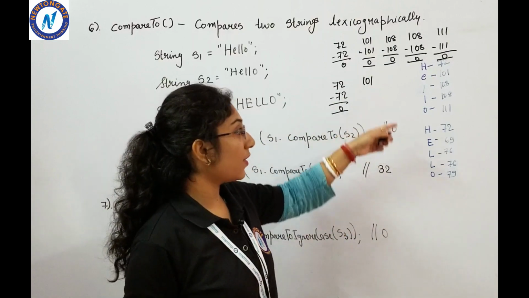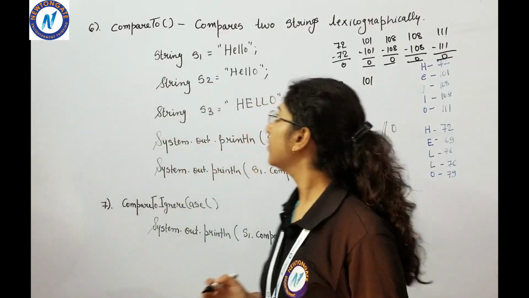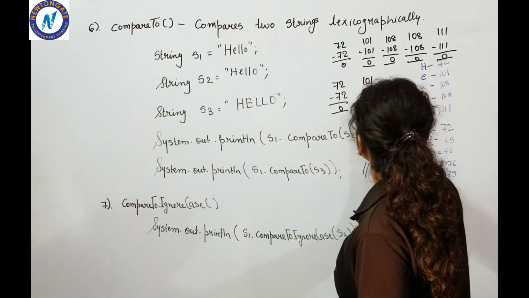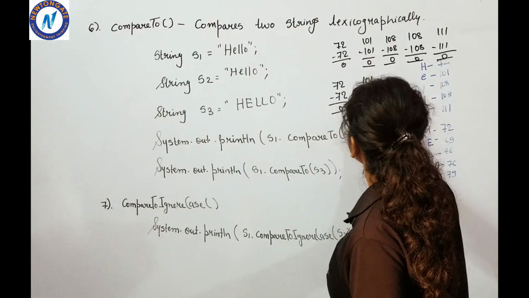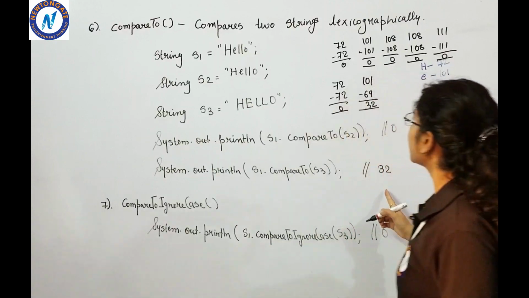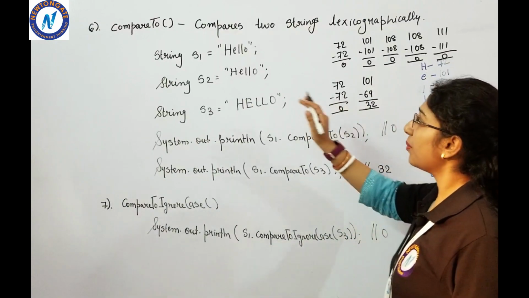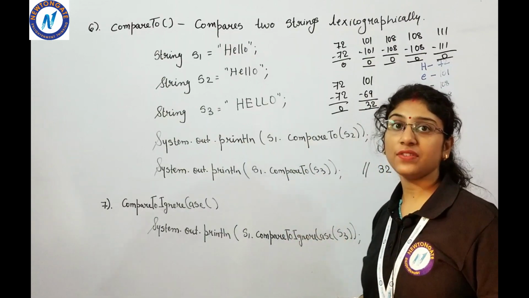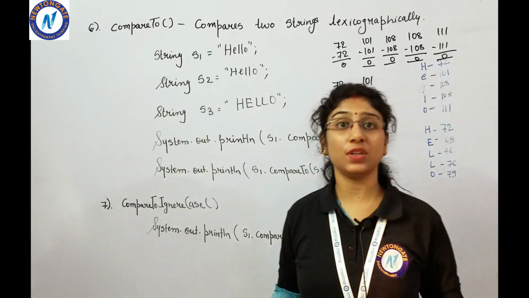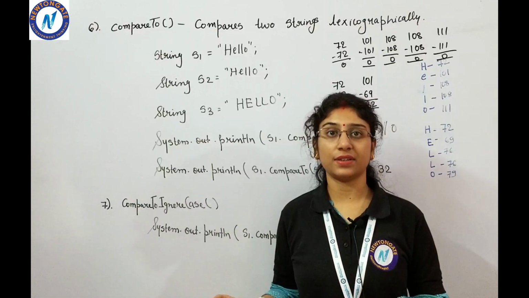I have written the ASCII values here also. So it will subtract 69, and when we subtract, we get 32. This is going to be the final output, and right here the compiler will stop comparing, because we have received a value different from 0. So it will not move to the next character.